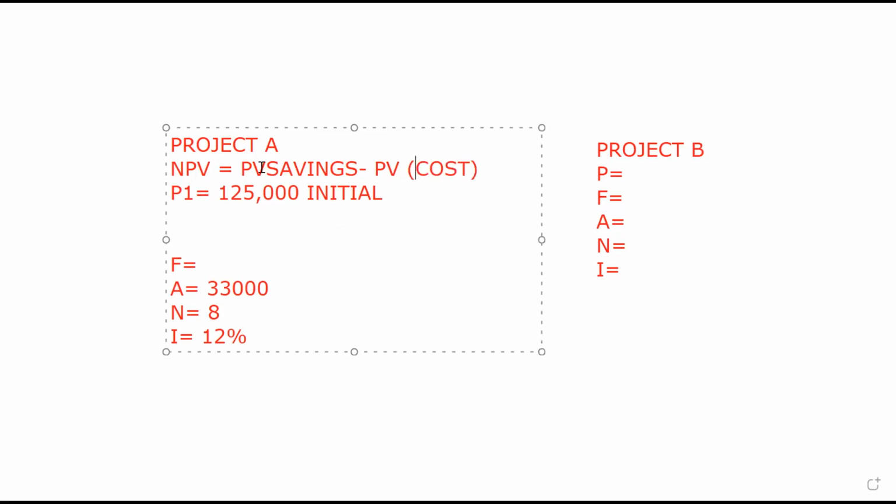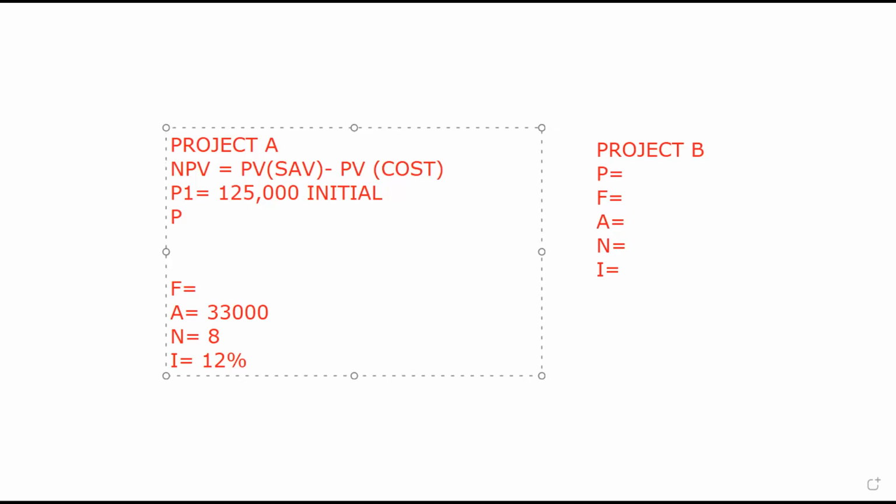Good. This savings doesn't need to go to the end. Because now net, this N means net. What I'm trying to do, gentlemen, is that this project is going to bring me 33,000 naira every year. What is the accumulation of that money in today's amount?